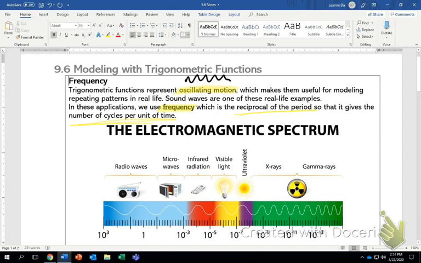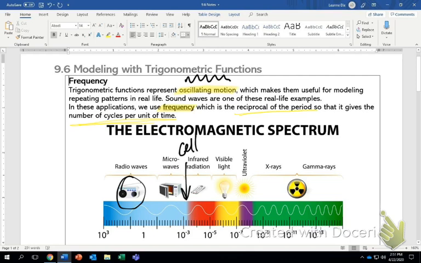I included some information here at the bottom, just to show you that these waves are very applicable. If we had no knowledge of them, we wouldn't have the radio or our cell phones. Cell phones are right around here.